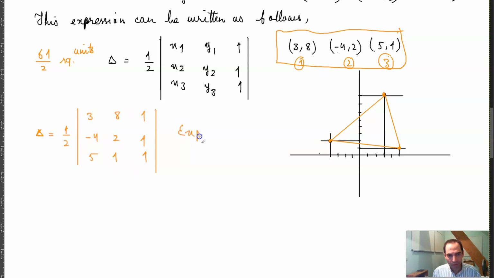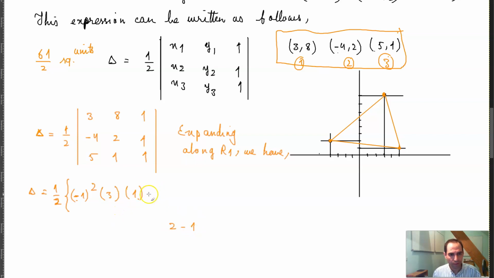Now expanding along row 1, we have delta is equal to 1/2 times -1 raised to the second power times 3 times this determinant 2, 1, 1, 1, which is 2 times 1 is equal to 2 minus 1, which is equal to 1.